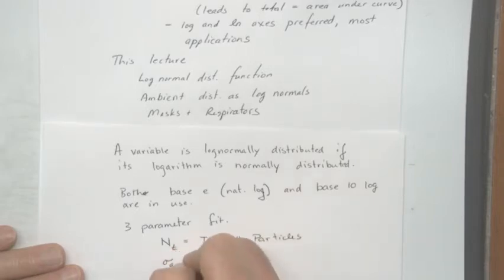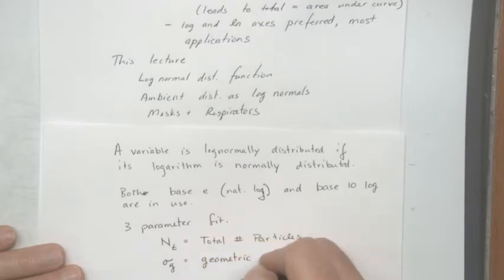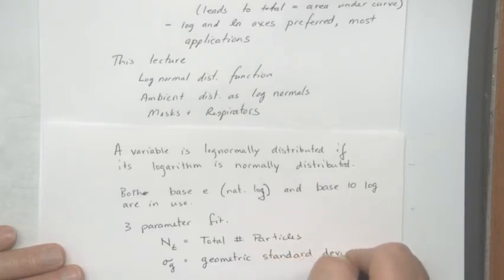Sigma g, which is the geometric standard deviation of the distribution. And d over bar p for particle diameter, and this is for the median diameter.